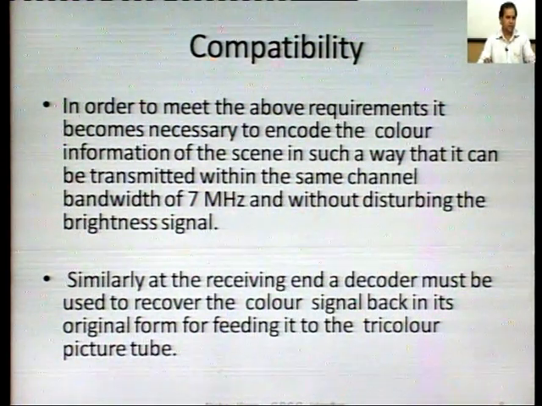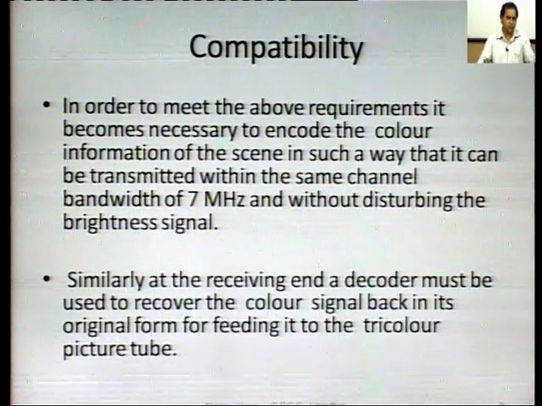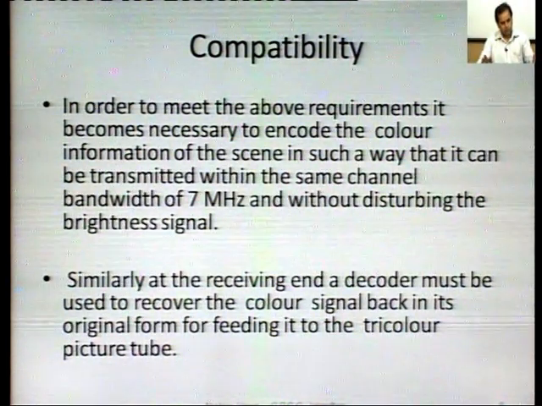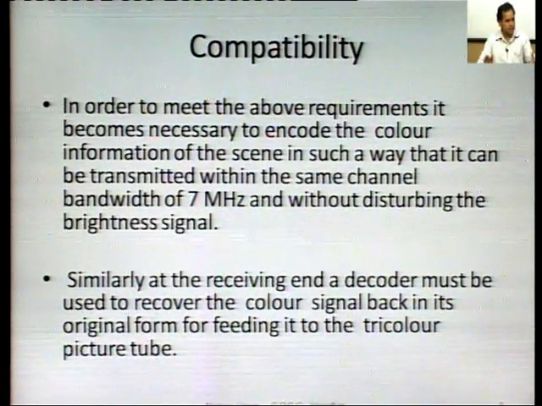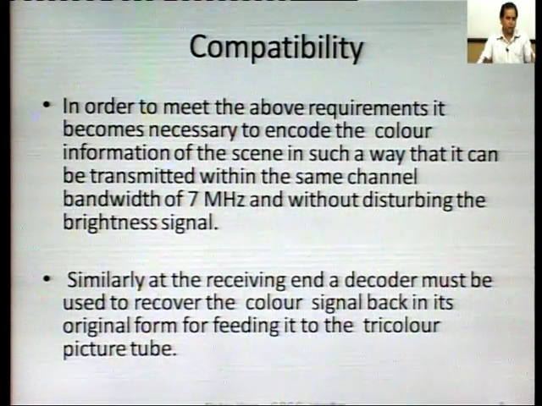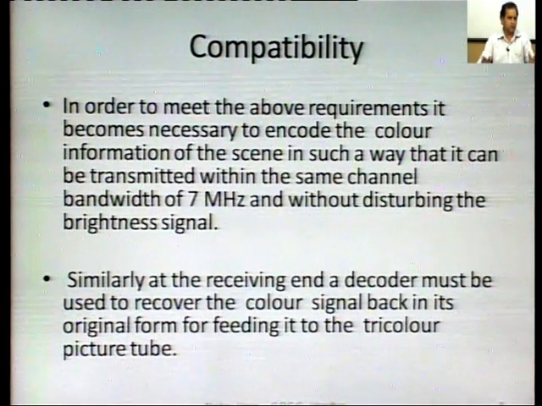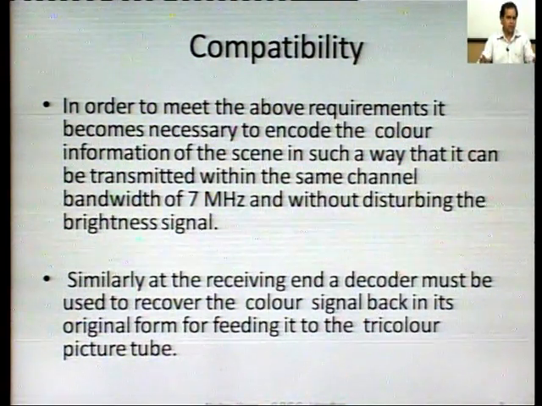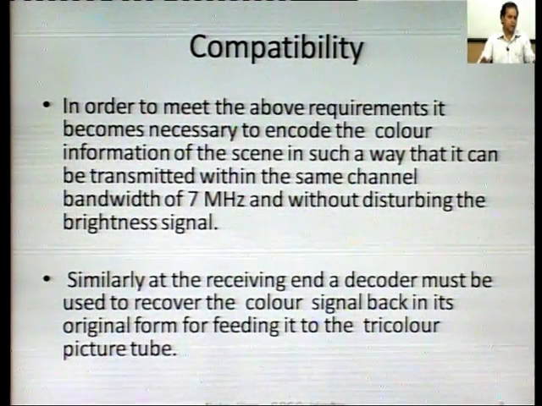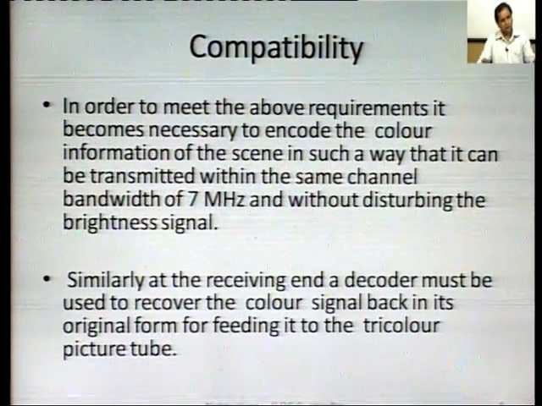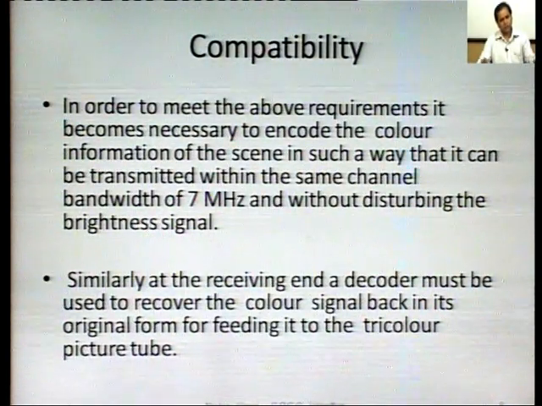During transmission the bandwidth is the same 7 megahertz, and the location of all the frequencies, that is the sync signal, color information, sound signal and other signals, are all at the same position.